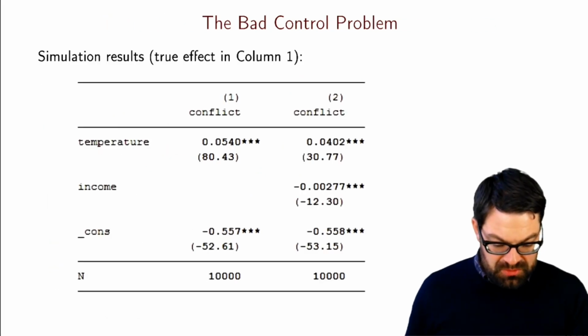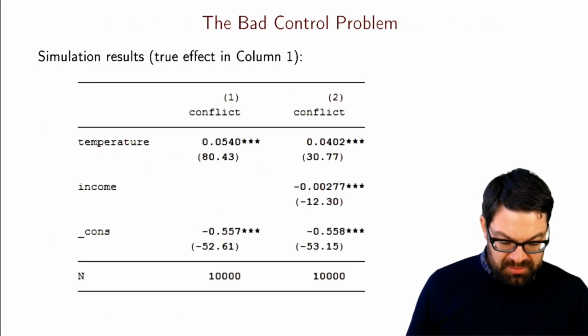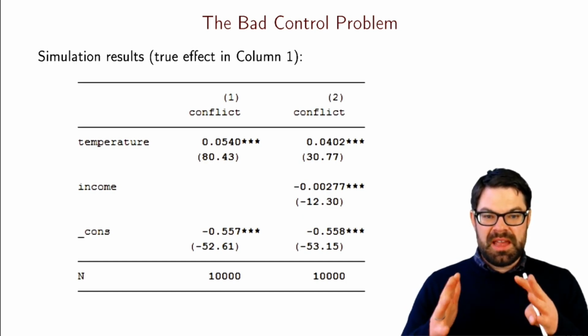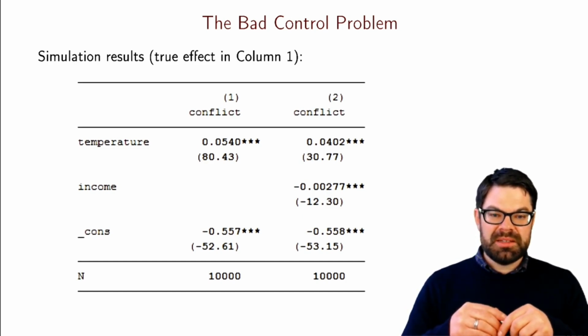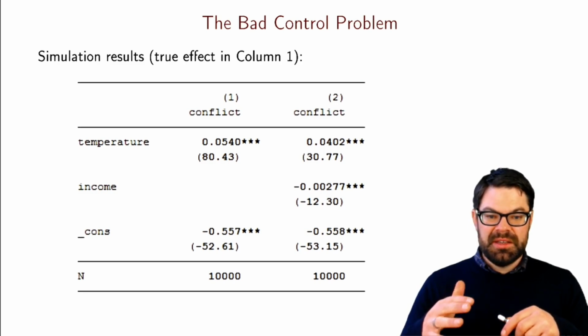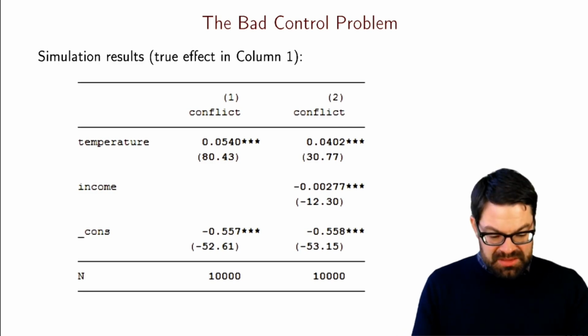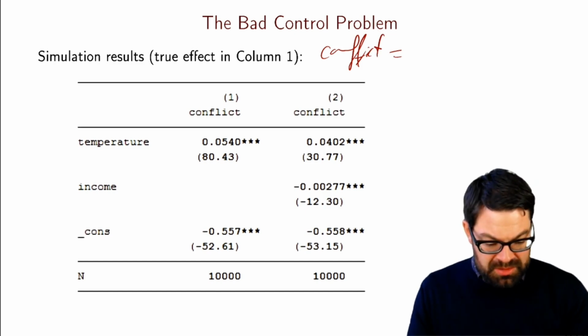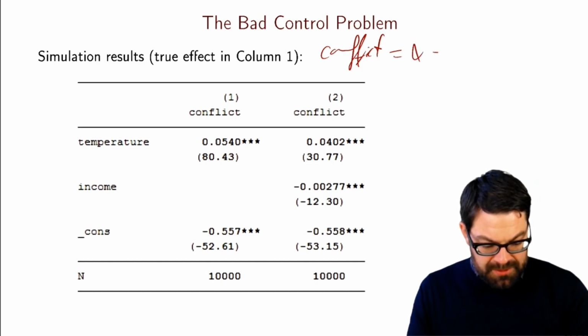And I show you here a simulation with 10,000 times the same model simulated. Okay, so the idea here is that we have a regression of conflict regressed on alpha plus beta temperature plus epsilon.